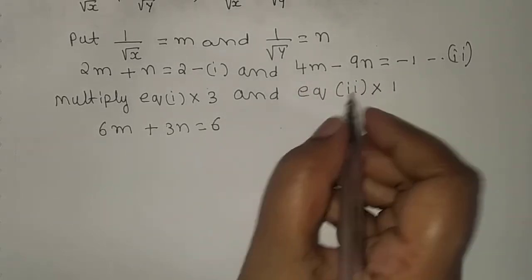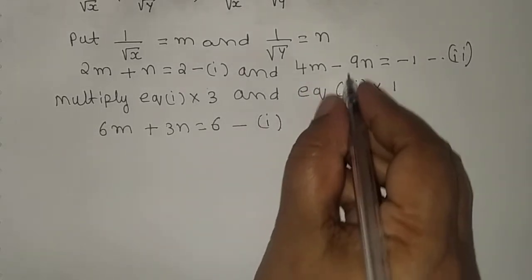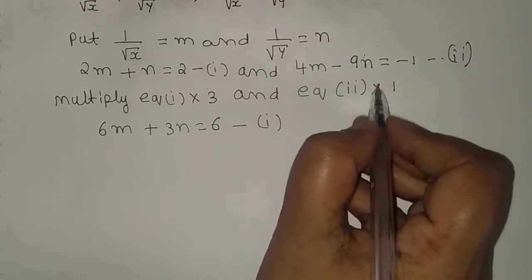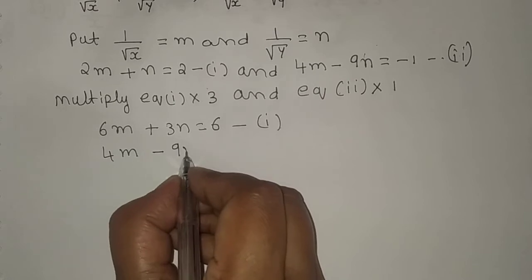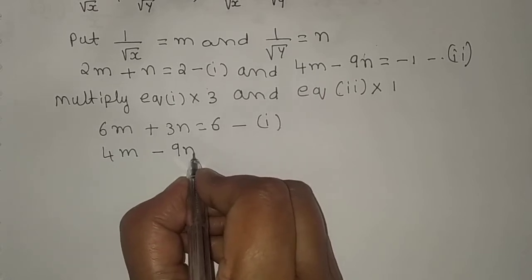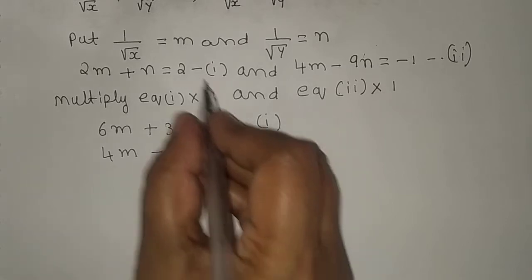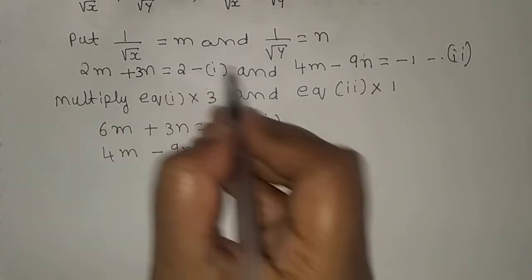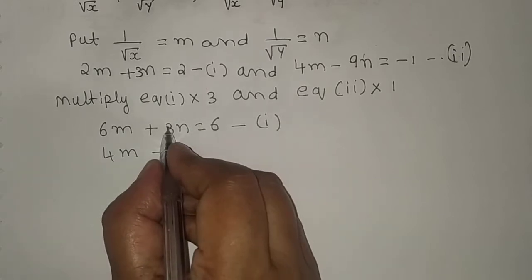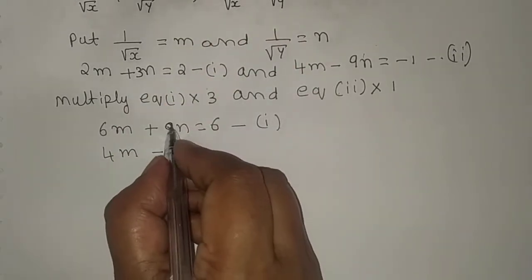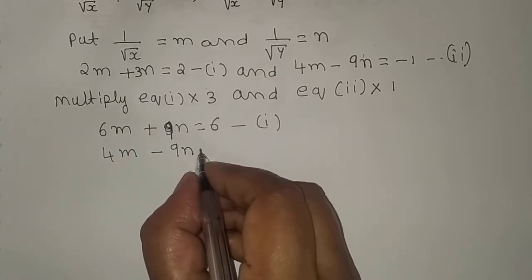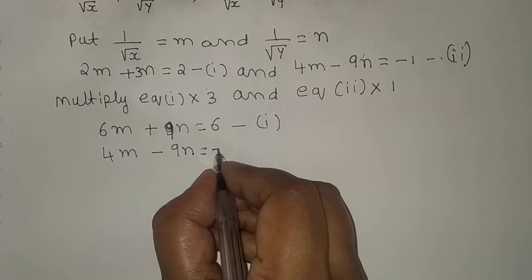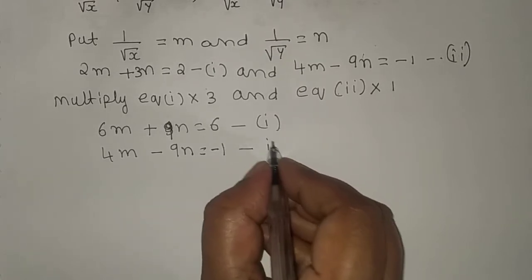Next we go on to equation 2. Again we multiply this by 1. What we get? 4m, multiplying by 1 means it remains the same, minus 9n. Here I have left out the 3: this is 3n, so this becomes 3 into 3, which is 9. Therefore 9 here. Then we get minus 1 as it is. This is equation 2.